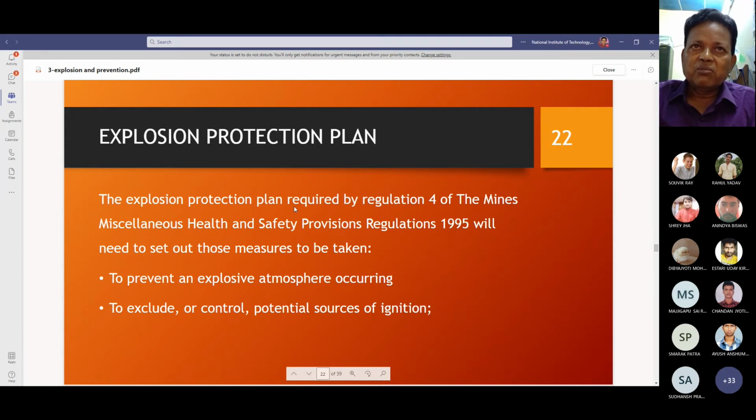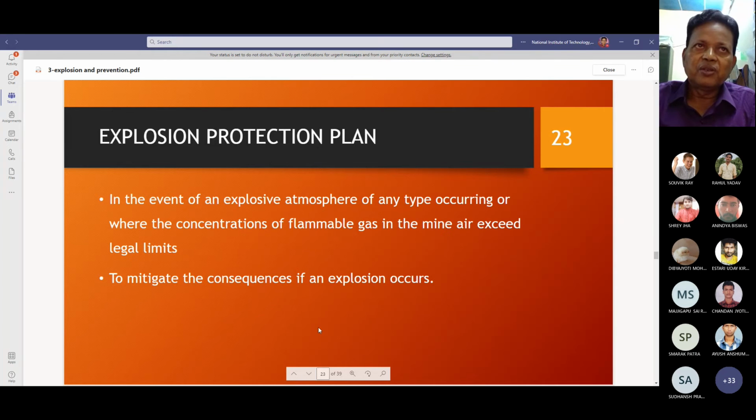The explosion protection plan required by Regulation 4 of the Mines Miscellaneous Health and Safety Provisions Regulations 1995 will need to set out those measures to be taken to prevent an explosive atmosphere occurring, and to control potential sources of ignition.